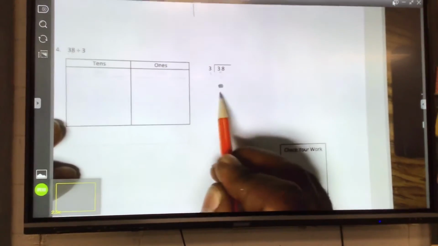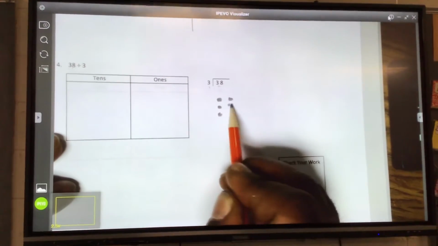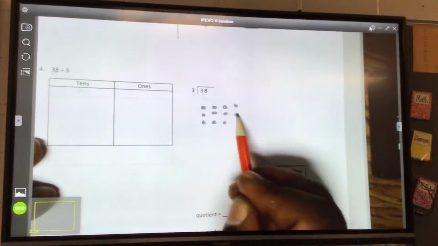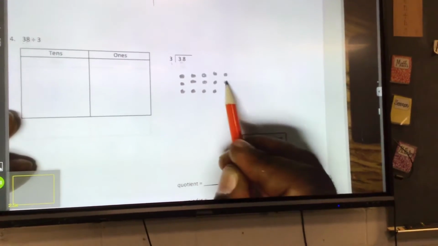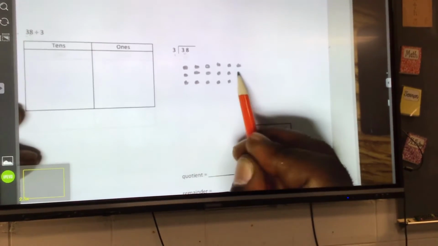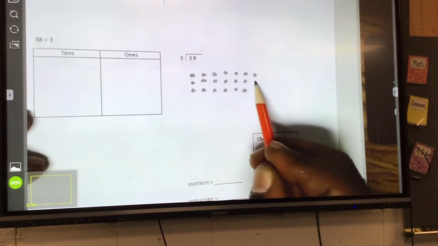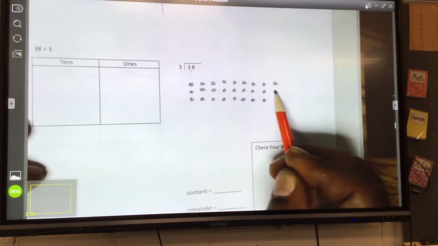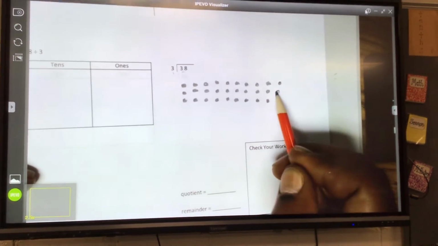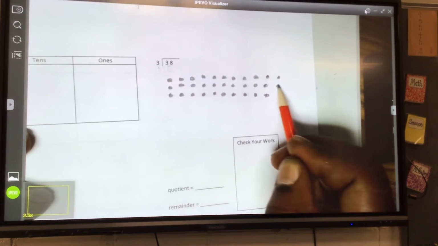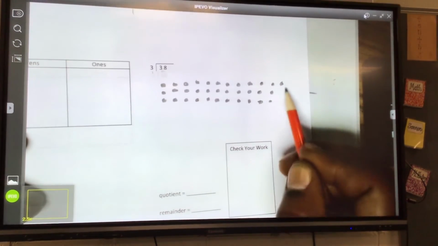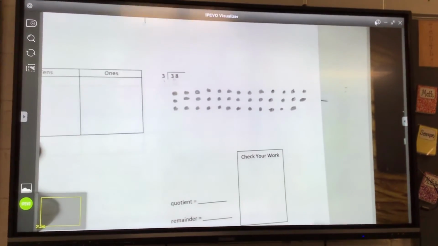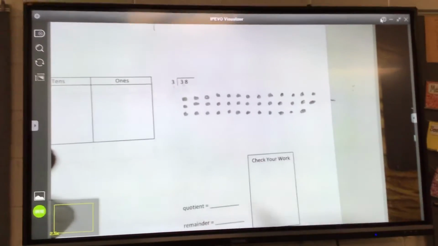So that's 1, 2, 3, 4, 5, 6, 7, 8, 9, 10, up through 38. I'm going to circle those same groups of 3.